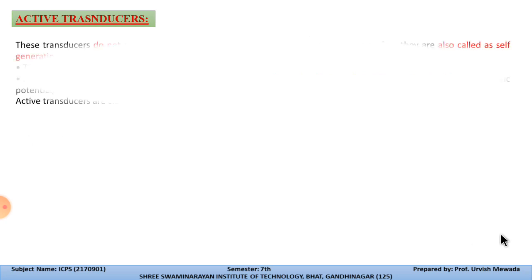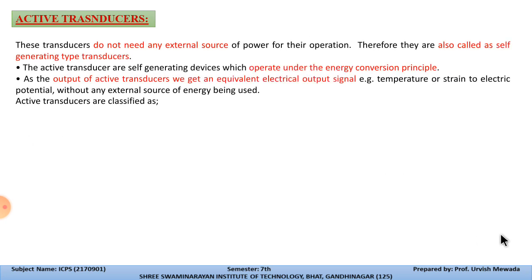So the first classification criterion is the active transducer. Active transducers do not require any external source, meaning they are self-generating in nature. As they are self-generating, they operate under the energy conversion principle, and as the output of an active transducer we get an equivalent electrical output signal.